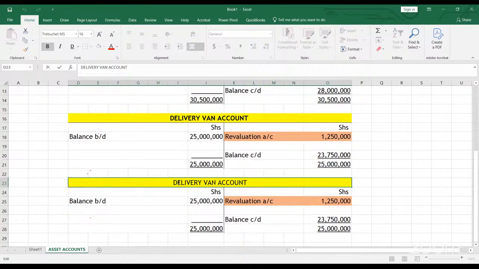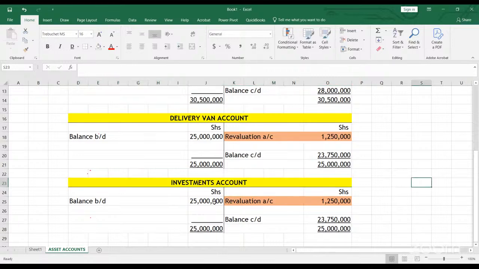You said investments were also revalued. Investments account. How much is the balance brought down for the investments?